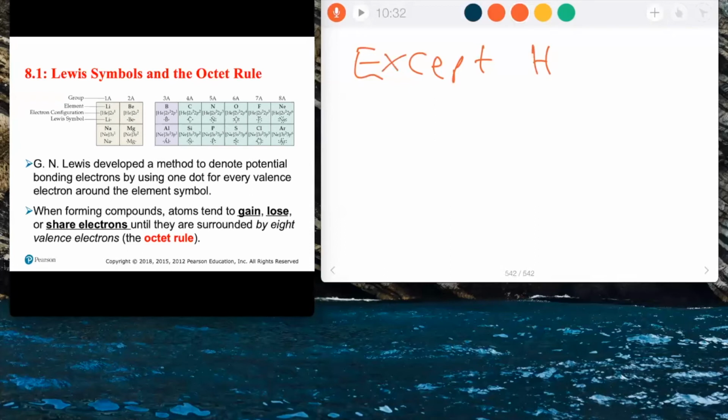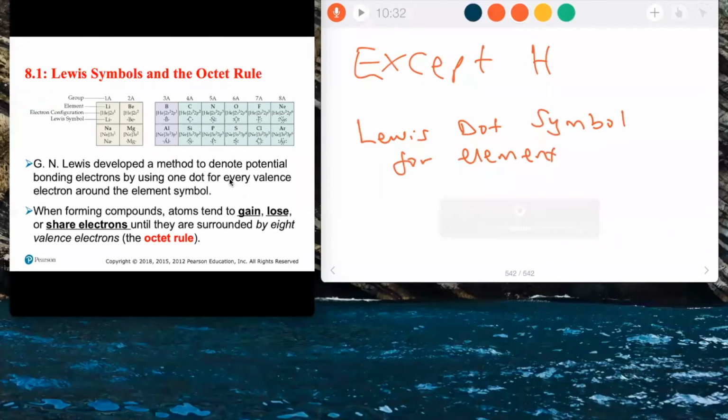Now, the Lewis dot symbol for elements. What is the Lewis dot symbol for an element?